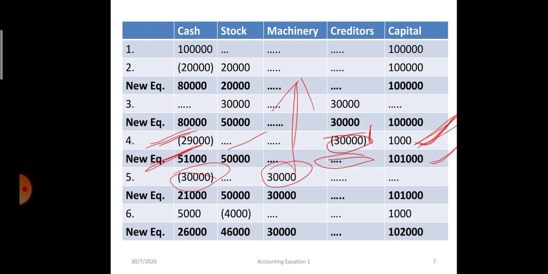So the new equation is 51 minus 30, 21,000 rupees. Stock is unchanged at rupees 50,000. Machinery increased to 30,000. Now check the total: 21 plus 50 plus 30 is 1,01,000. On the capital side also it is 1,01,000. So the accounting equation stands true in this case also.